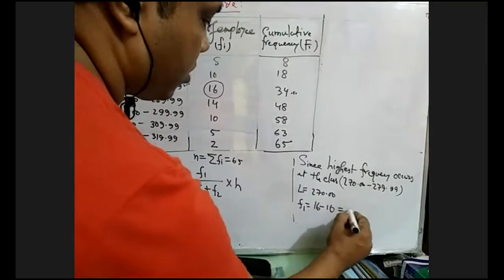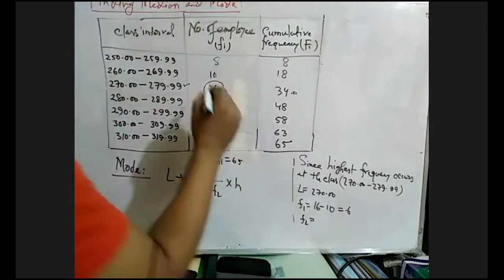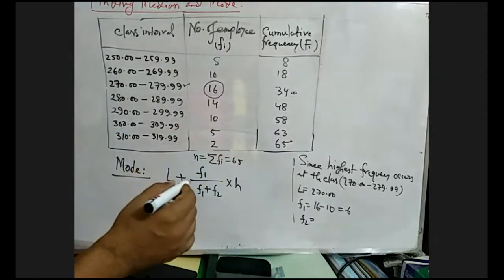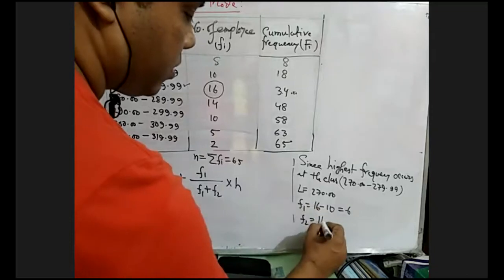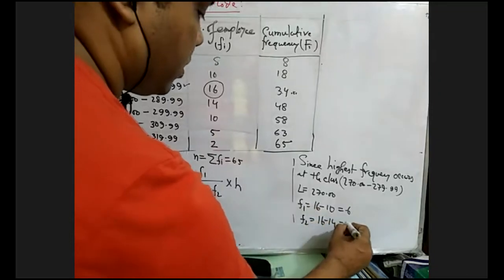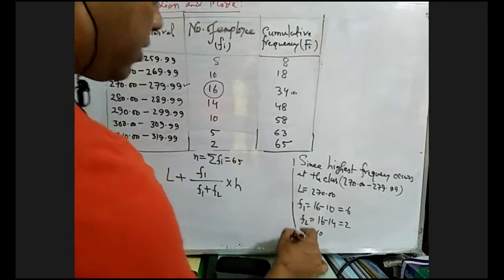This will be only 6. And f2 will be the difference between the frequency of the modal class and post modal class, that means 16 minus 14. This will be 2. And h is actually the length of the class interval.